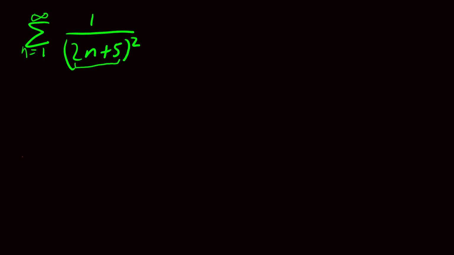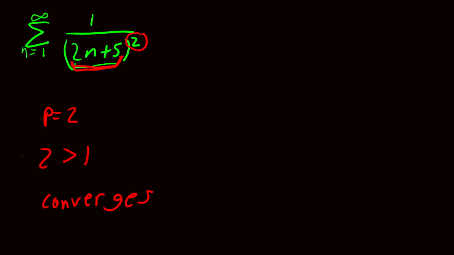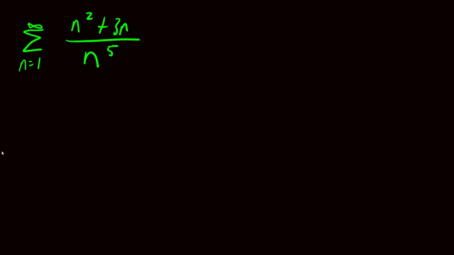At that high of a value, they pretty much behave the same. So it doesn't matter what's in the denominator, we can still treat it like a p-series. So p equals 2, 2 is bigger than 1, so this converges. And boom.